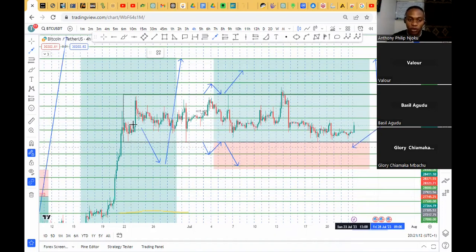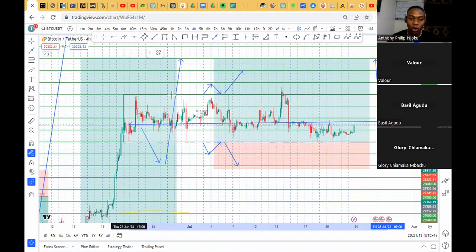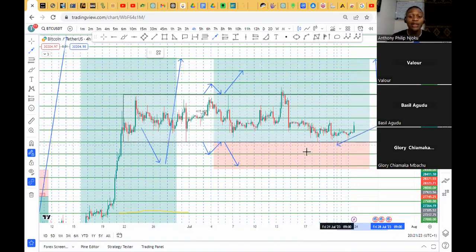So this has been accumulating within this price range of psychological level of 31,500 and psychological level of 29,500. I'm more interested to enter more buy positions when it comes below the 29,500 or probably the $29,000 mark. I'll be taking more buy stops to 33,000.